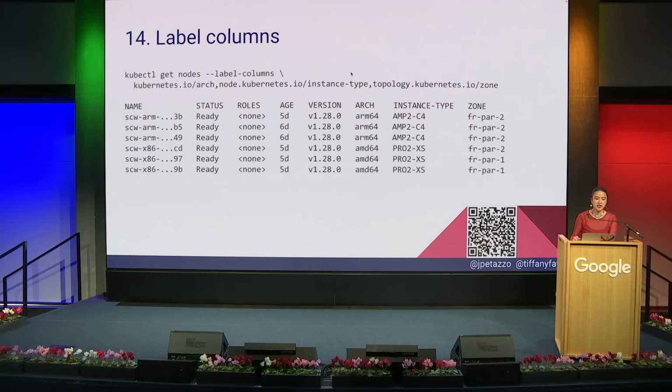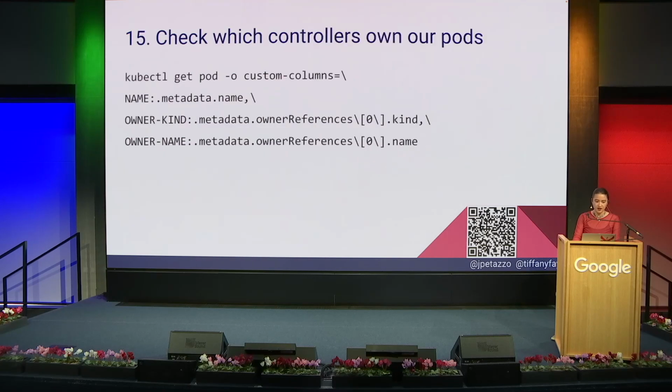So there's also things like being able to label columns. On my kind cluster, this isn't something that I super care about because I don't have different architectures or different instance types, et cetera, but you can get different information if you do it that way. Sometimes it's important to see what controllers are owning your pods.